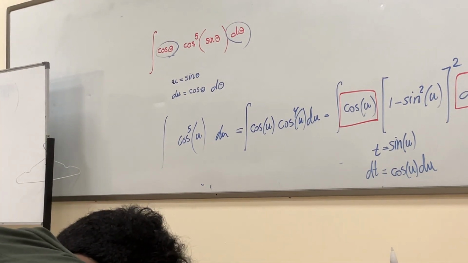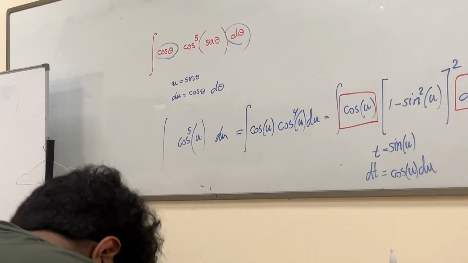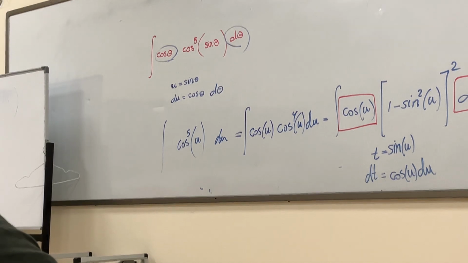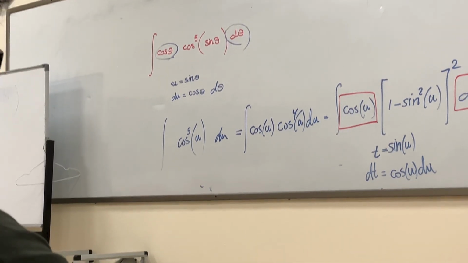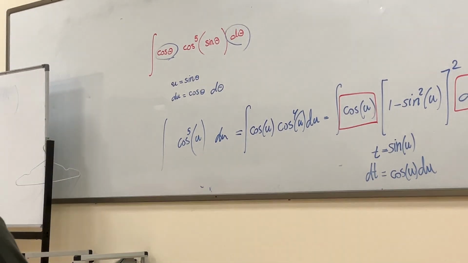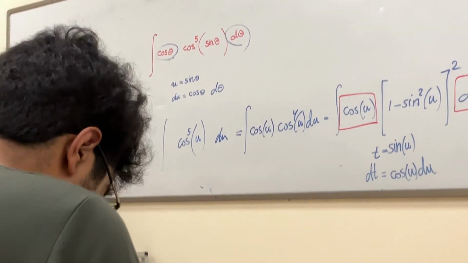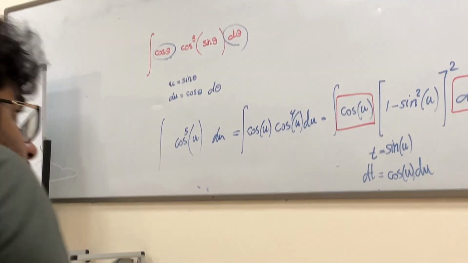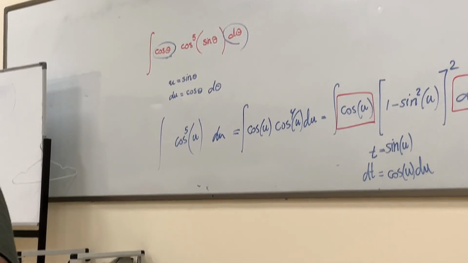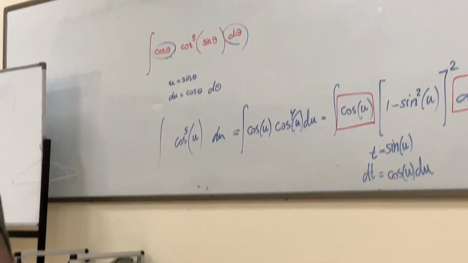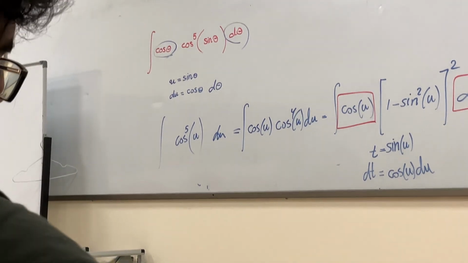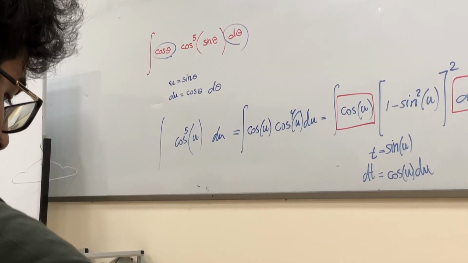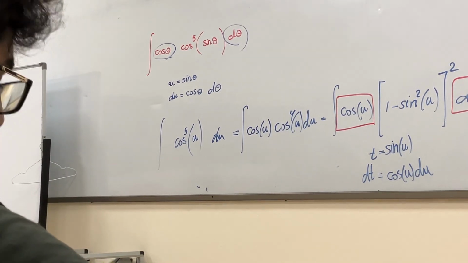So 1 minus t squared, squared. 1 minus 2t squared plus t to the 4. We're done. So, integrate: t minus 2t cubed over 3 plus t to the 5 over 5. Put the u back. Sine u minus 2 sine cubed u over 3 plus sine to the 5 of u over 5, plus c.